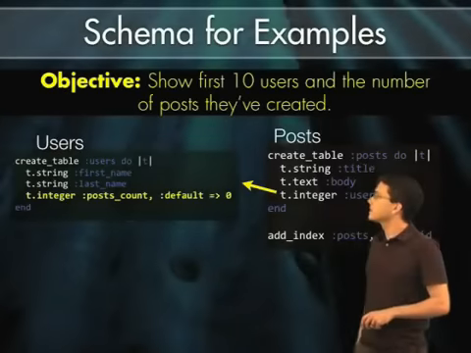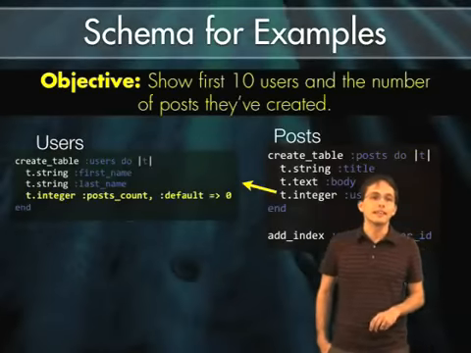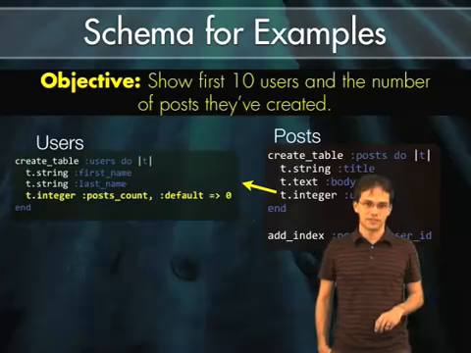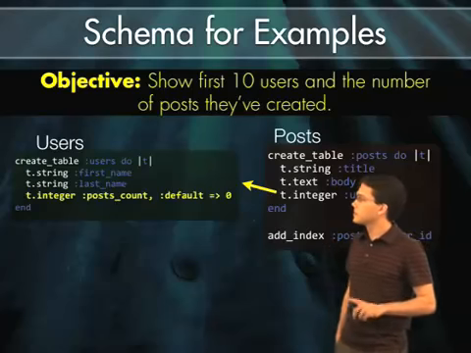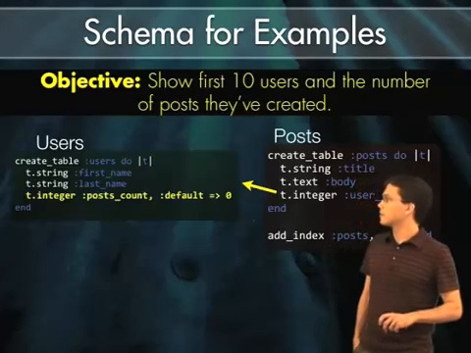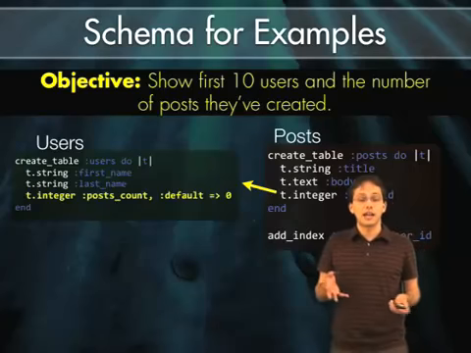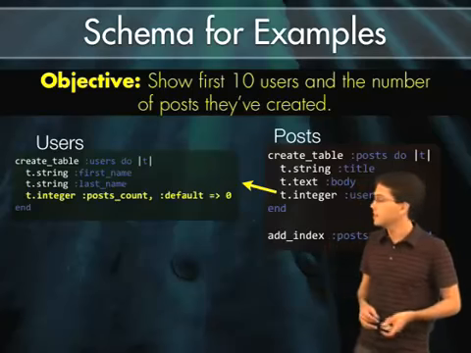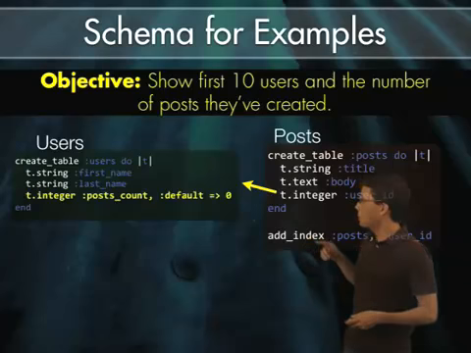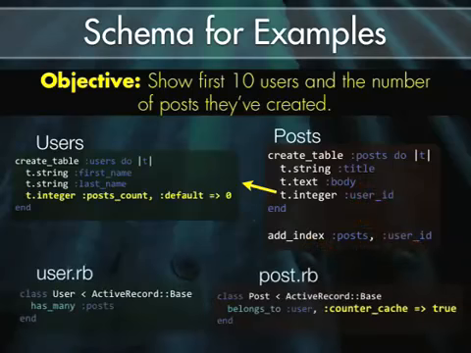Well, we can fix this by implementing a counter cache. To do that, we simply add a column to our users table called post count, because we're going to keep track of all the posts a specific user has, and we're going to, in the post model, add belongs to user counter cache true.